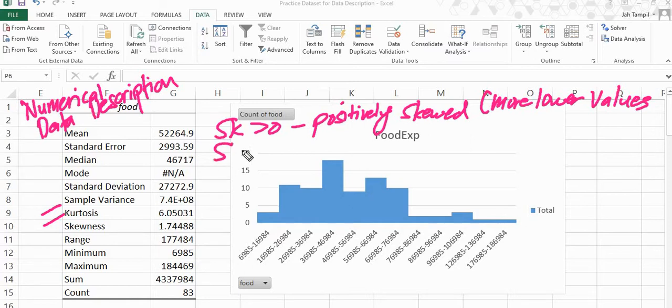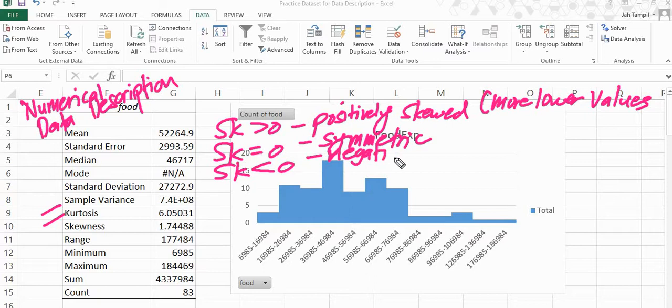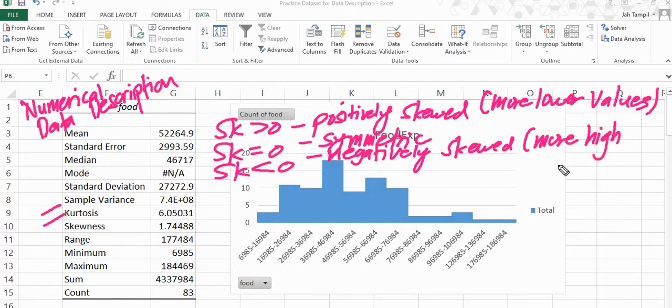And we also have skewness equal to 0, meaning our distribution or our data set is symmetric. And if we have our skewness as less than 0, then we have a negatively skewed data set, which has more high values.